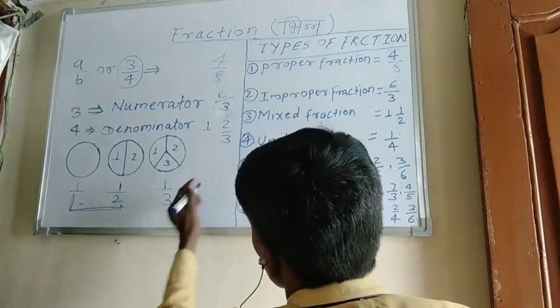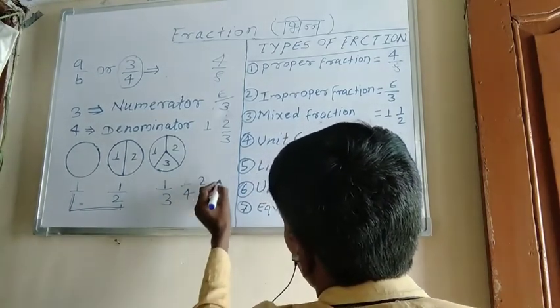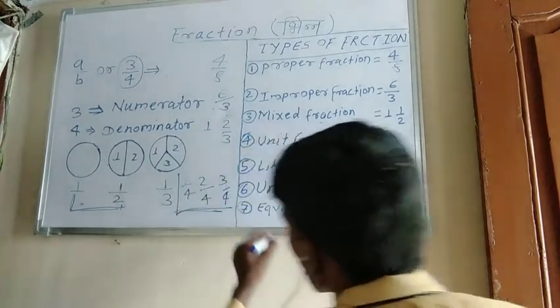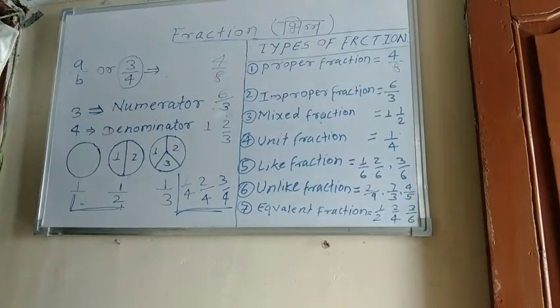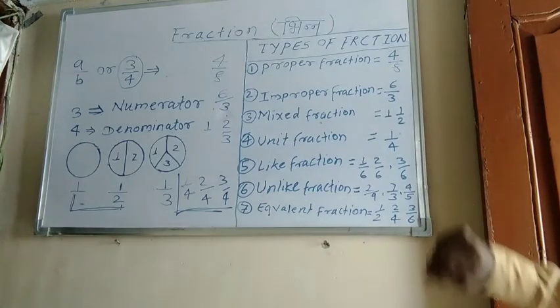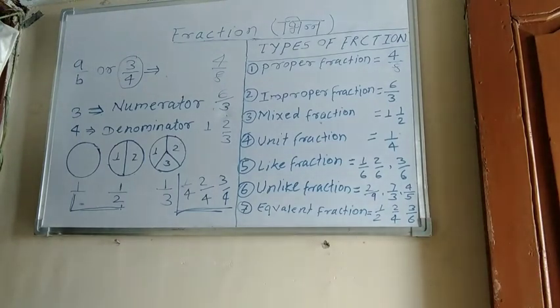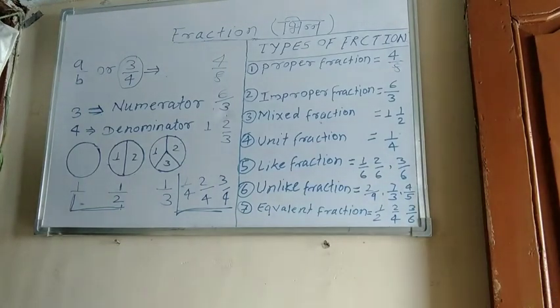If you see here, 1 upon 4, 2 upon 4 and 3 upon 4, this denominator is always the same in like fractions, and the numerator increases in order.